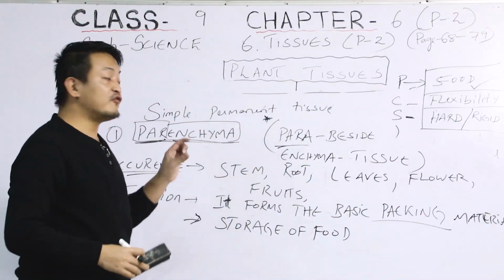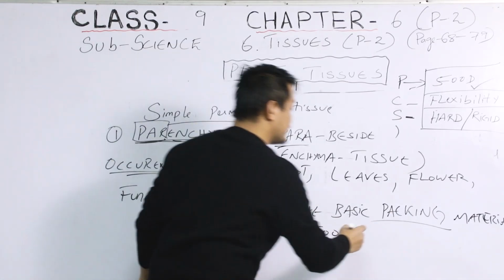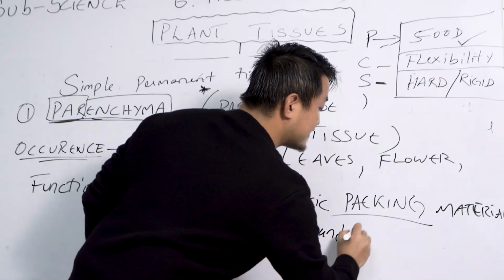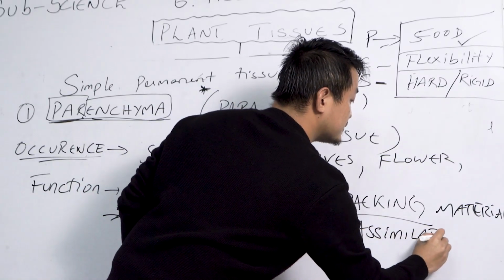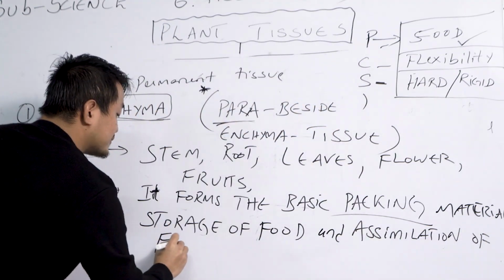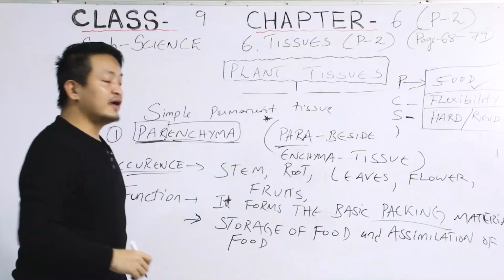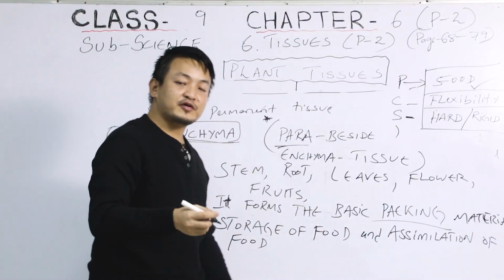Storage of food takes place in this parenchyma, my dear students. Storage of food and assimilation of food take place here. Now the last one is that it gives mechanical strength to the plant.